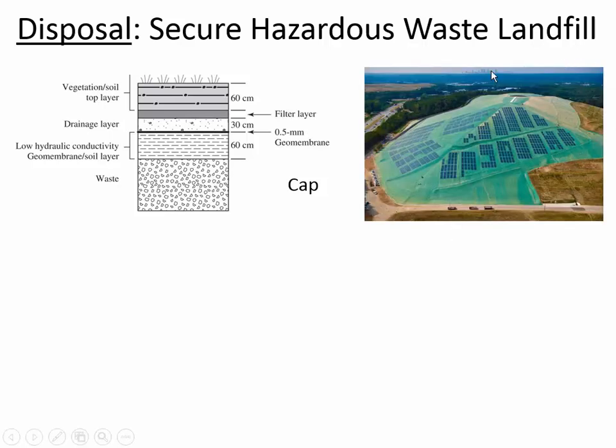One thing I want to point out, this is a picture of a landfill in Atlanta, Georgia. You can get an idea of how big it is by the size of the freeway that's going by. This is a very, very large road, and so this is an enormous landfill, and they're trying to do something useful with the land.